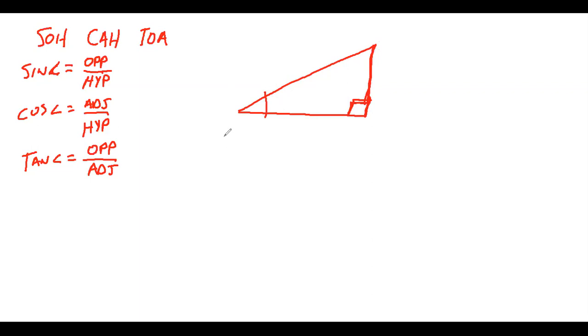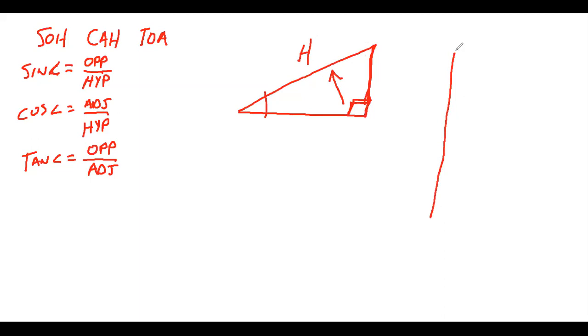Longest side. Hypotenuse is always, always opposite of the 90-degree angle. It will never be different than that. So if that is your triangle, that's your hypotenuse.